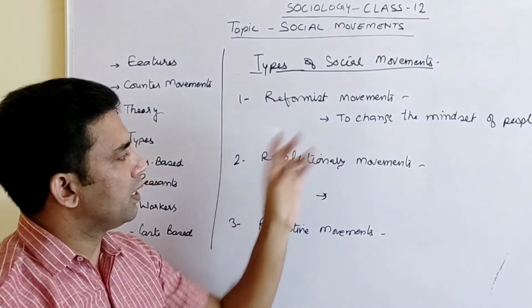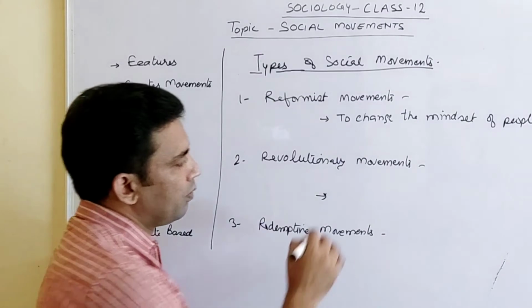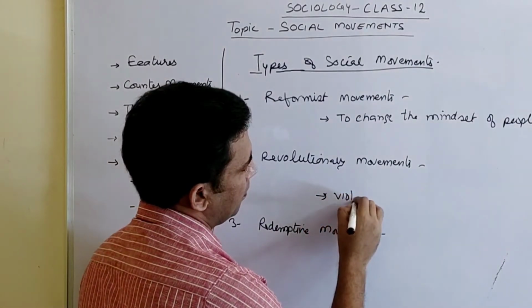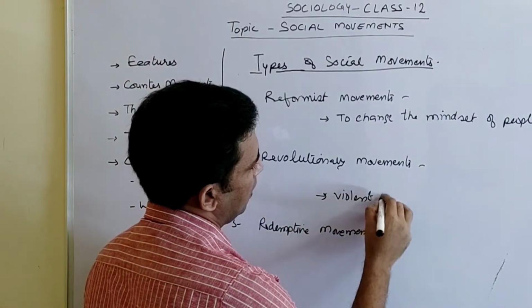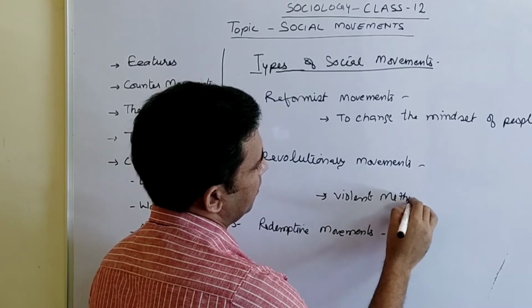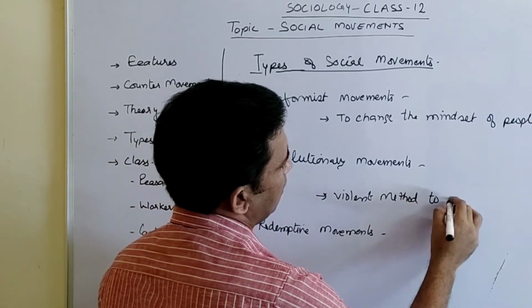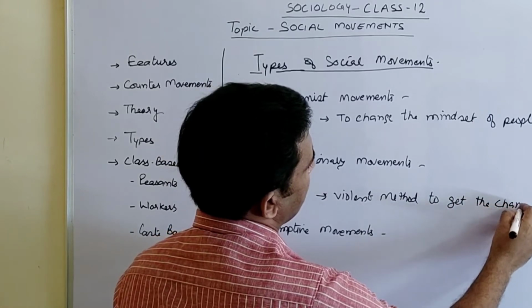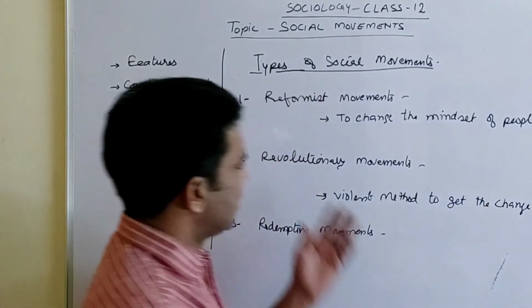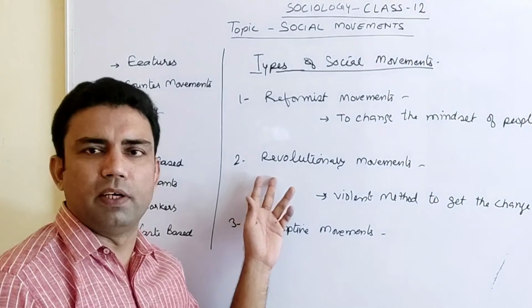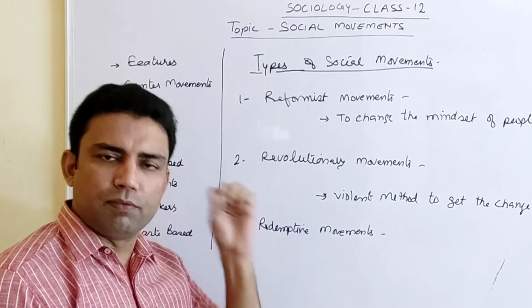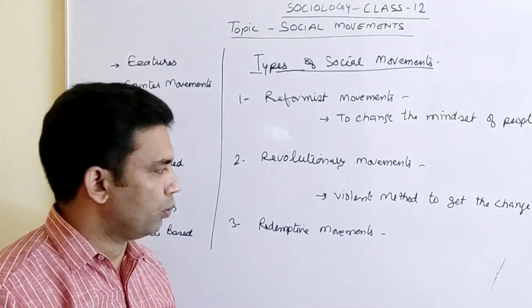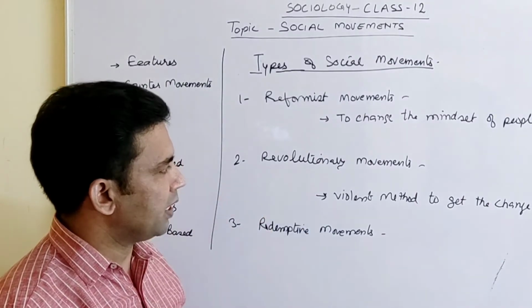That is a peaceful one. The revolutionary one is the violent method to get the change. For example, Subhash Chandra Bose, during the freedom struggle, believed in taking freedom by force. That is the revolutionary movement.